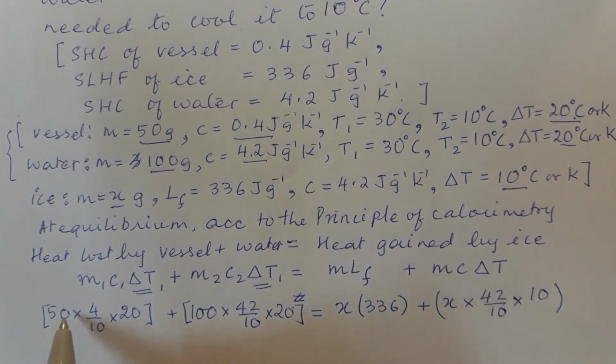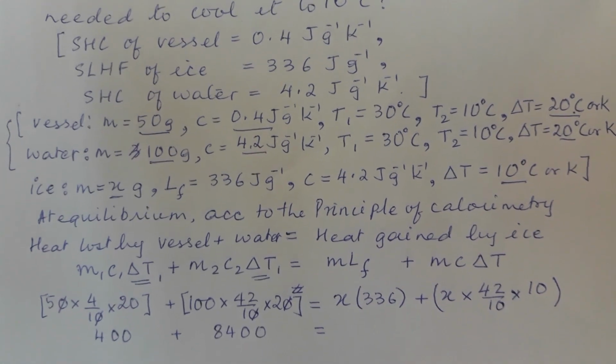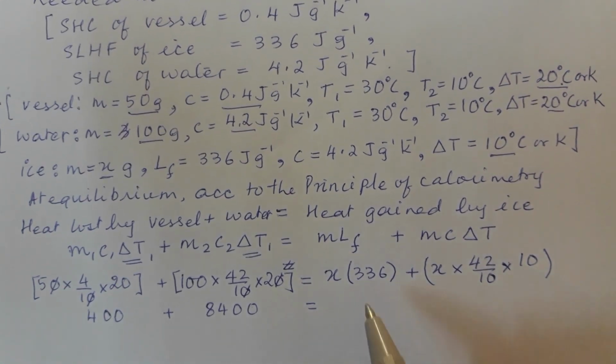And now this will give us 5 to 10, so 100 into 4. So that is 400 plus here 42 into 2 is 84. So 8400 is equal to 336x plus 42x.